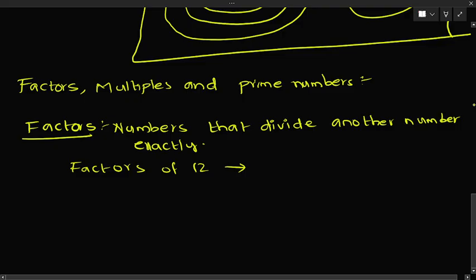What are the factors of 12? 1, 2, 3, 4, 6, 12. Here 1 divides 12 with a remainder 0, 2 divides 12 with a remainder 0, continuing up to 12. So 1, 2, 3, 4, 6, 12 divide the number 12 and leave the remainder 0. Hence these numbers are called factors of that number.